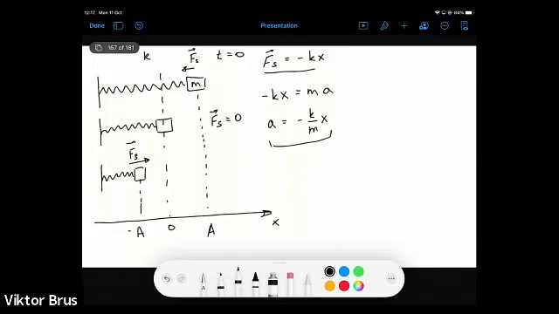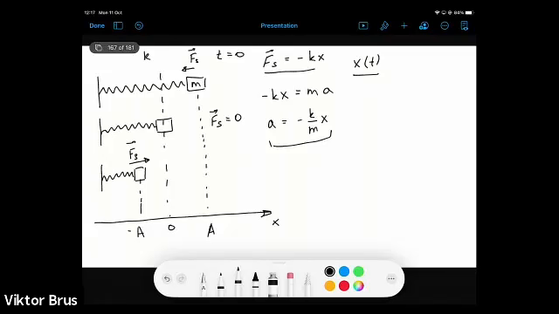So we want to get x as a function of time. So we want to know how the position of this block will change with time when it undergoes simple harmonic motion.